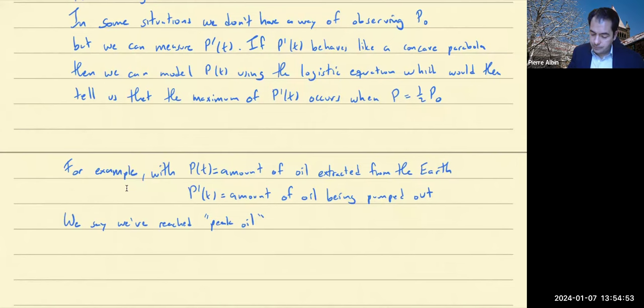In this case, we say we've reached peak oil when the maximum rate of oil production is reached. Right? How would we know if it's maximum? Well, again, the logistic model assumes that the derivative function behaves like a concave parabola.